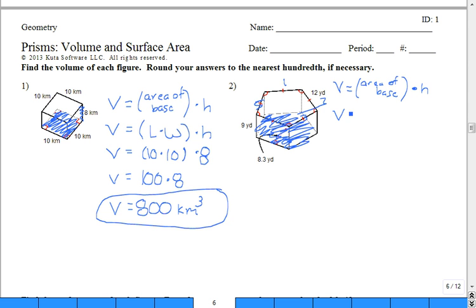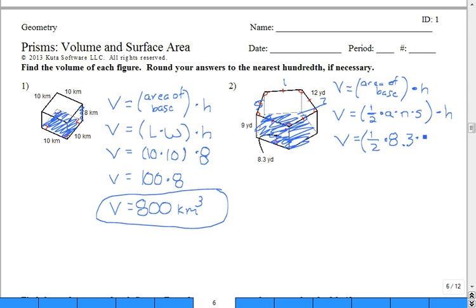So in this problem, for the area of my base, I'm going to use the formula for the area of any regular polygon. So I need my apothem, my number of sides, and my side length. My apothem is labeled as 8.3.